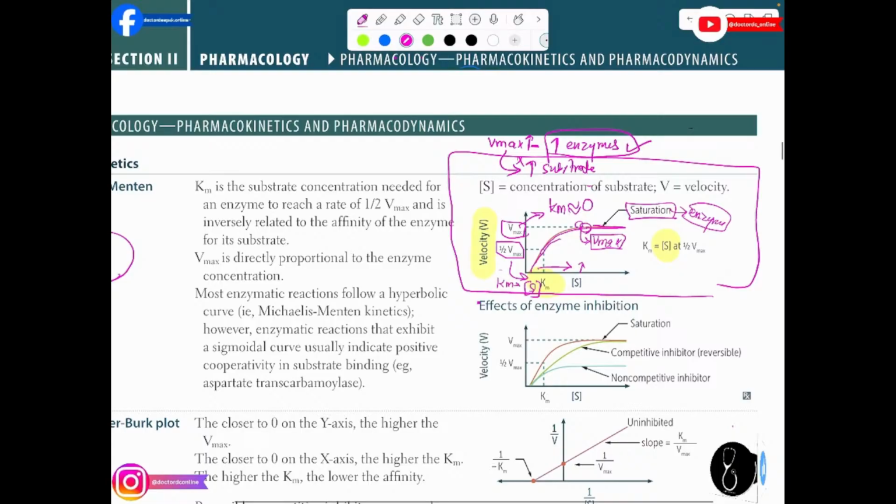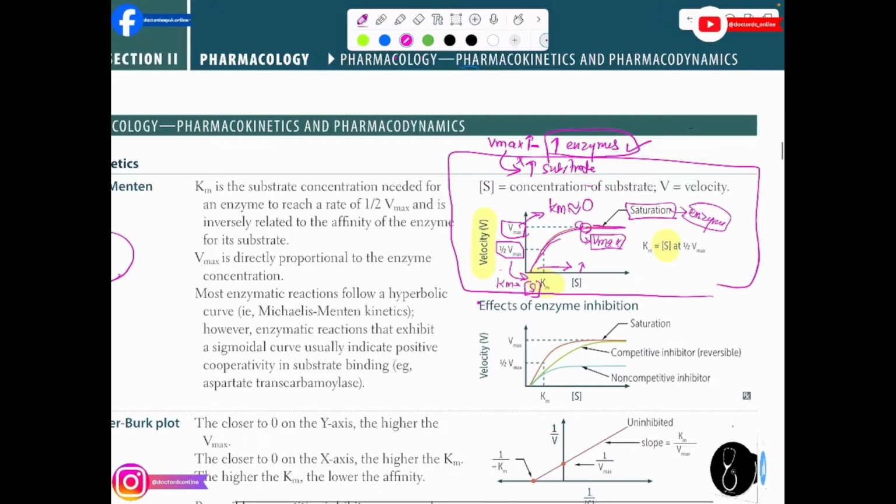By these two statements, we can also get one statement regarding enzyme affinity. If the Km is very low, then enzyme affinity will increase. Therefore, you get maximum velocity.